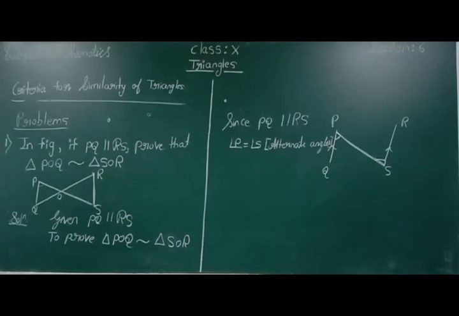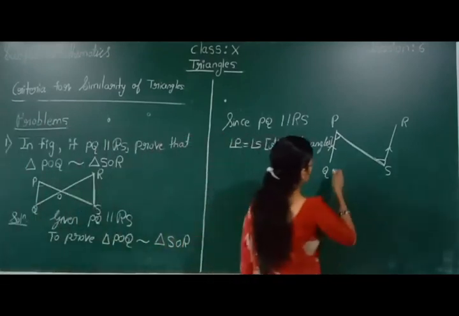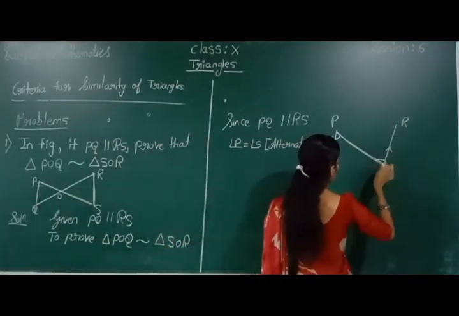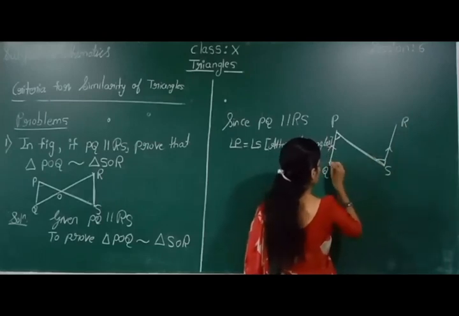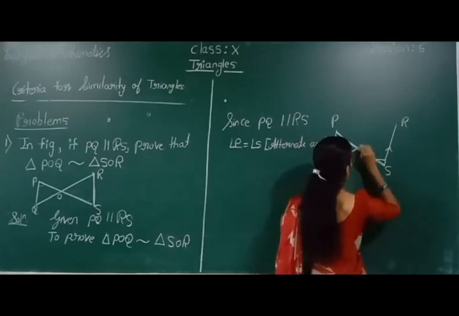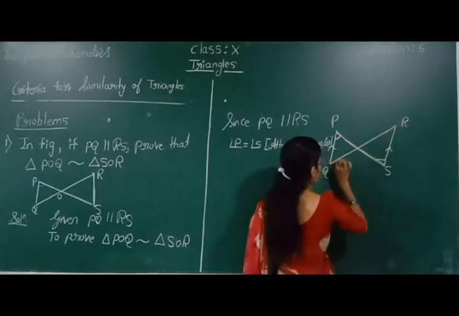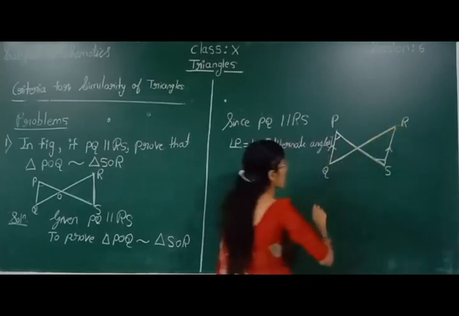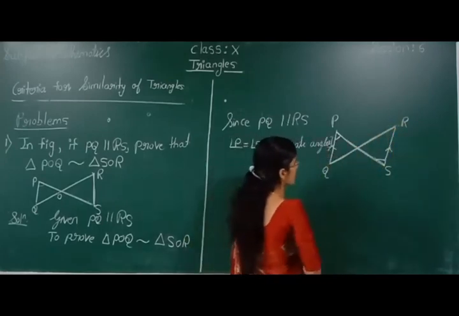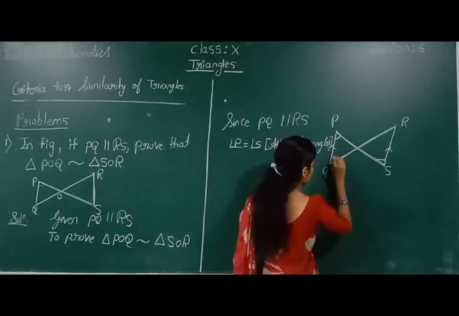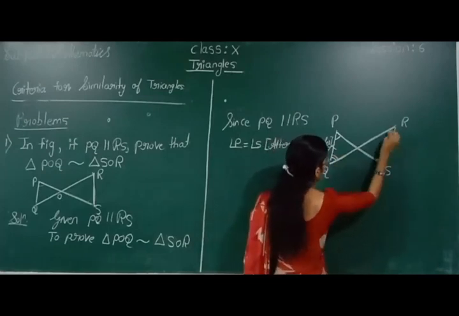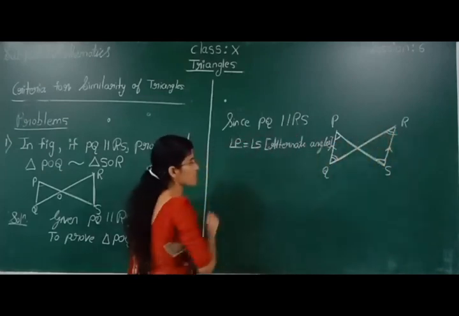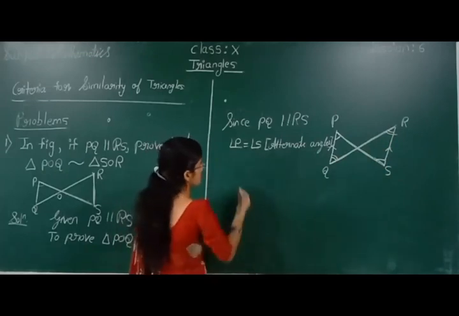So again we can see here PQ and RS are parallel lines. Here QR is acting as a transversal. What we can tell here? Angle Q is equal to angle R. These are also alternate angles.